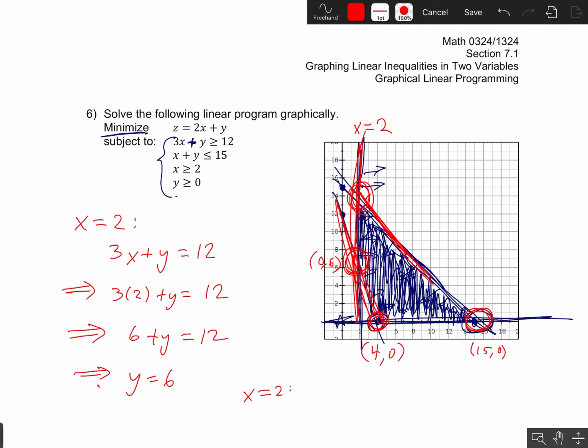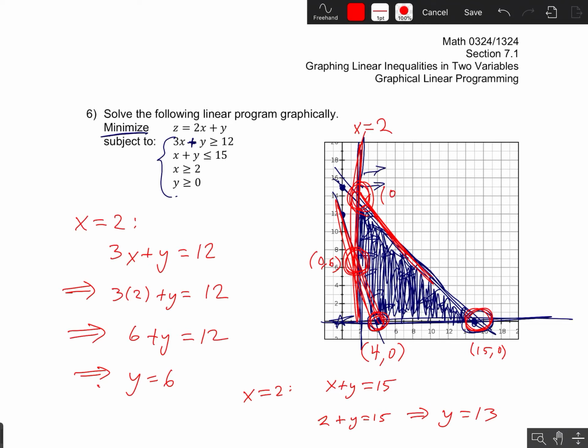And we can do something similar for the other. If we plug x equals 2 into the second boundary line, which was x plus y equals 15, then we get 2 plus y equals 15, which means that y is equal to 13.